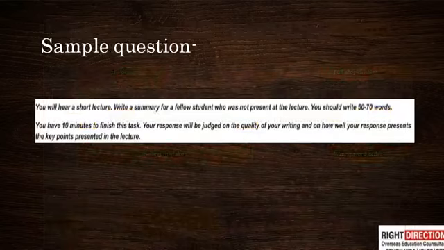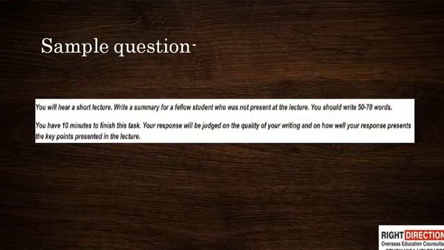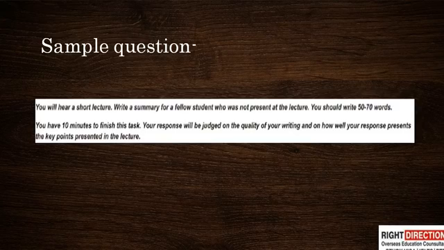Now, I will play one audio for you so that you can get an idea how to attempt this question, like what kind of question you may get in your exam. As you can see on the screen it is written, you will hear a short lecture. You are going to listen to a short lecture. Write a summary for a fellow student who was not present at that lecture, and you should write between 50 to 70 words.